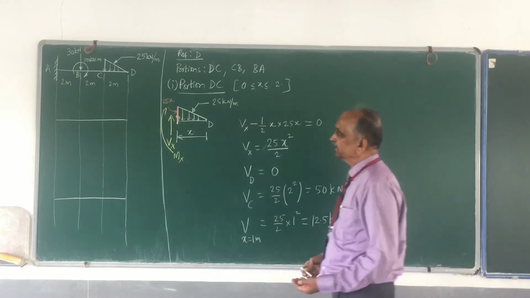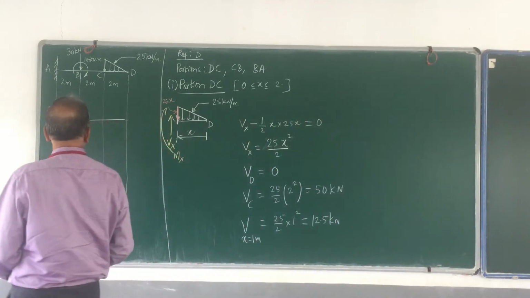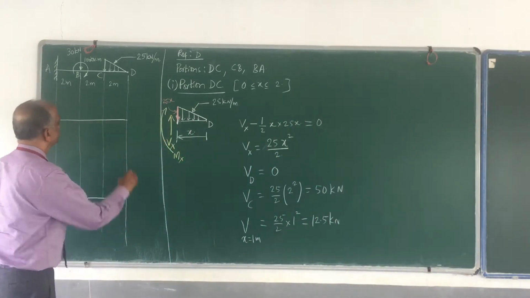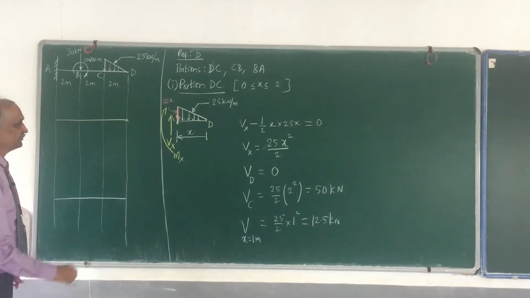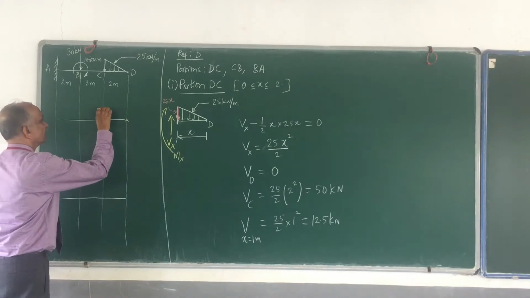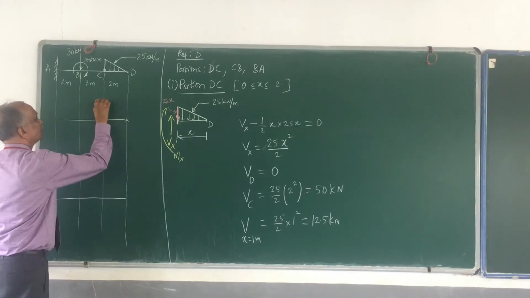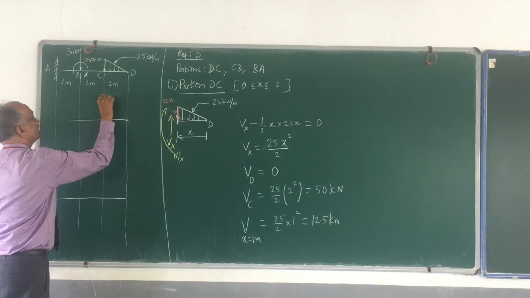So therefore, I can draw the variation of the shear force. The shear force at D is 0. The shear force at C is 50 kilonewton.